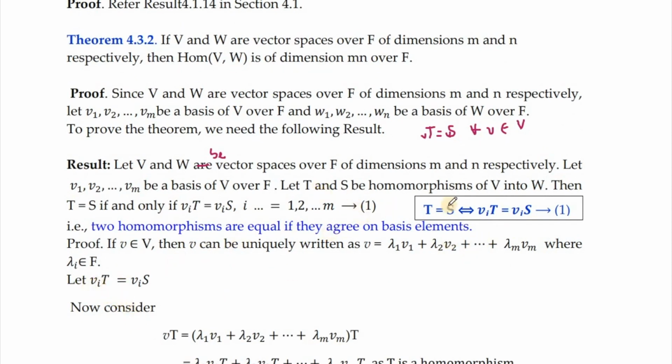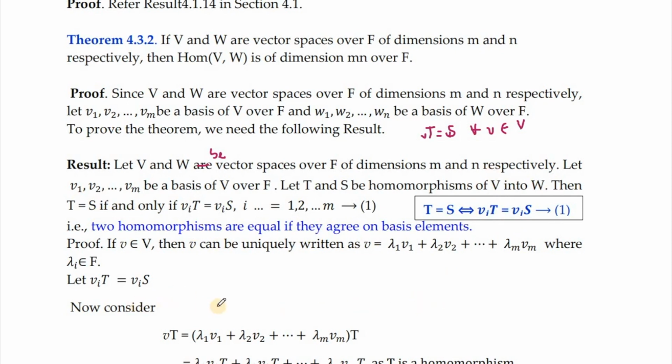Now first we will assume that viT is equal to viS and prove that T is equal to S. Because once you have T equal to S, vT is equal to vS for every v, so in particular it will be true for this element vi, where i ranges from 1 to m.